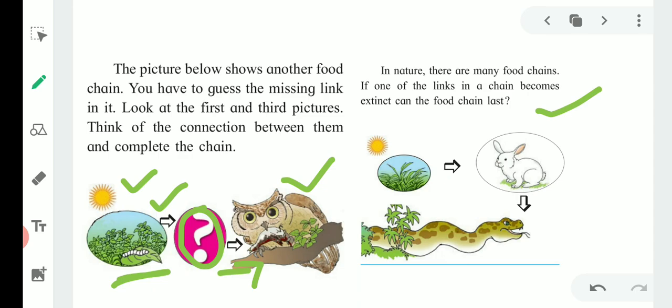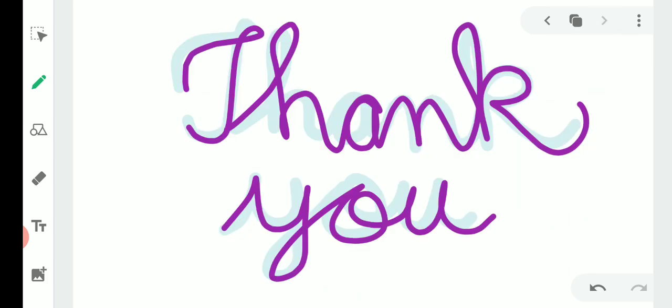The answer is that extinct means the particular link, the particular part of a food chain, like if a bunny or a rabbit gets extinct, which means vanishes or disappears from the food chain, then the food chain gets lost or destroyed, which can affect the environment. So in every food chain, a particular component is compulsory and important.